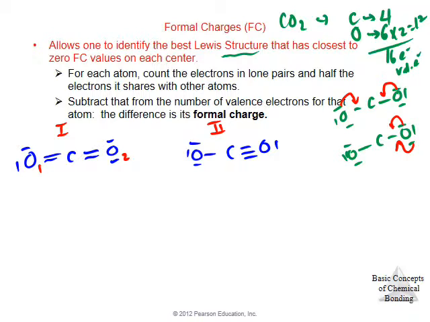First, you need to know the valence electrons. By looking at the periodic table, we know oxygen has 6 valence electrons. So let's write down oxygen has 6 electrons. Now, because of structure formation, there will be a distribution of electrons. And because of that, you'll have to find how many electrons are actually assigned to oxygen 1.